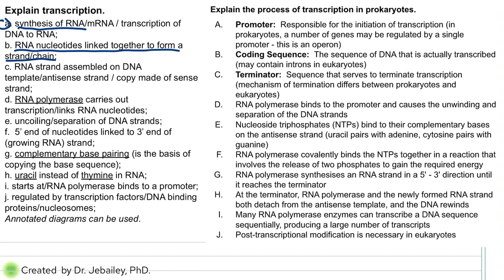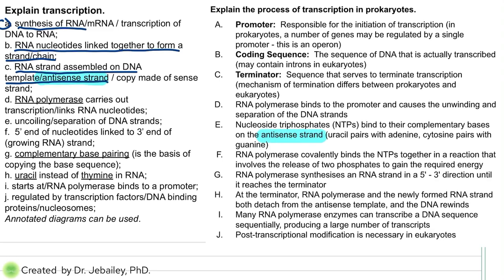Do we have anywhere here where we are saying you're adding the nucleotides together? Nope. Here, RNA strands assembled on DNA template, antisense strand. Do we have anywhere we're talking about the antisense strand? Yes, we do. We have the antisense strand here, so I can mention the antisense strand.